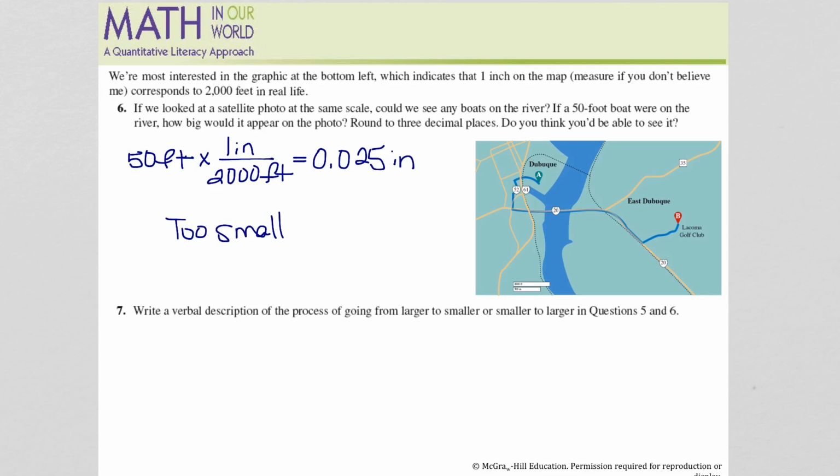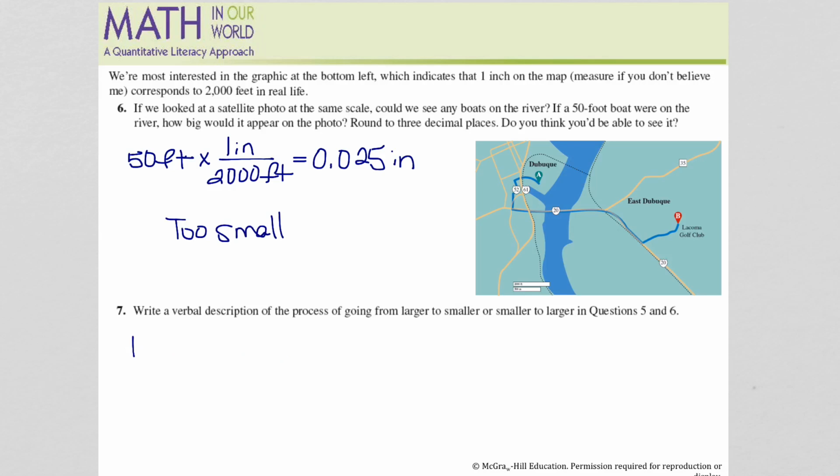Write a verbal description of the process like we did in the other one. Write this a different way.